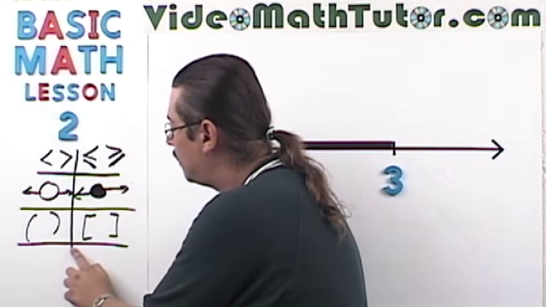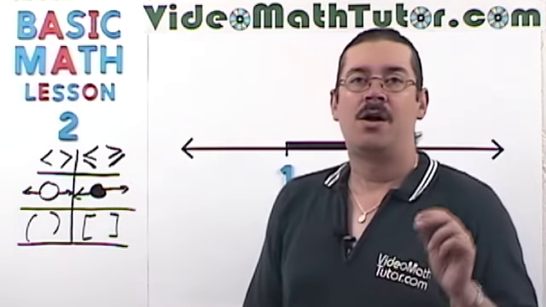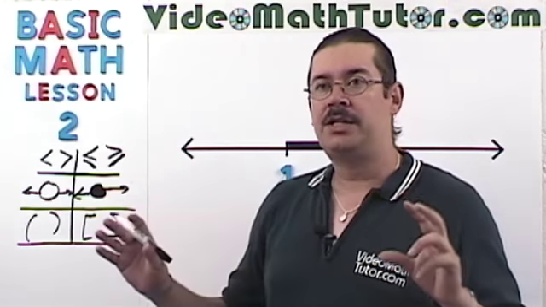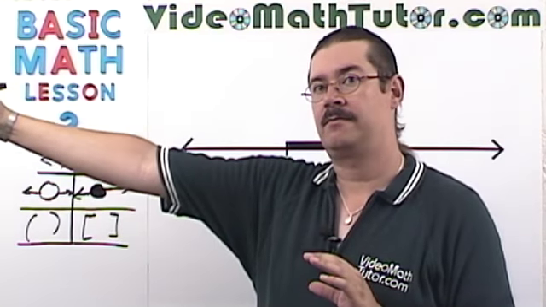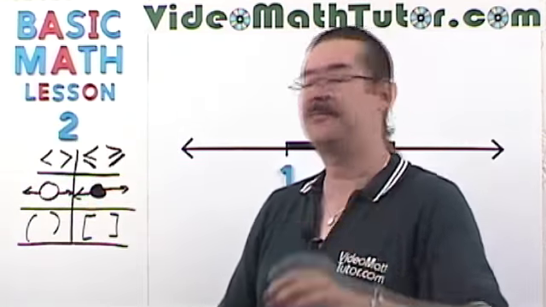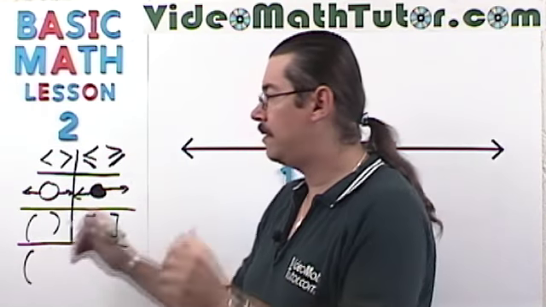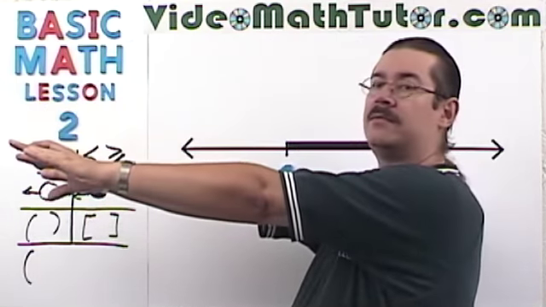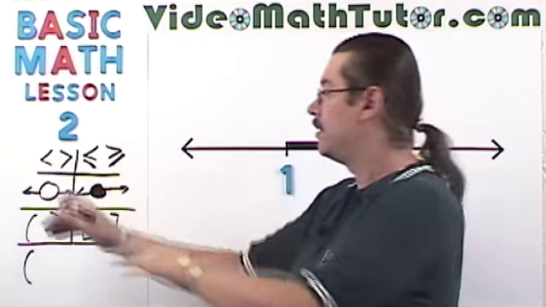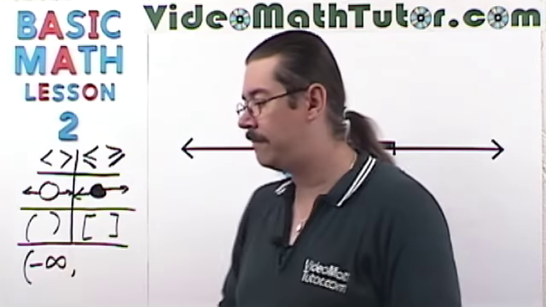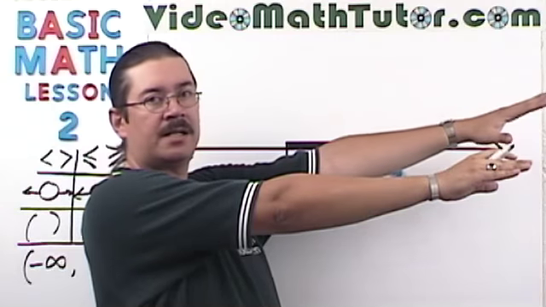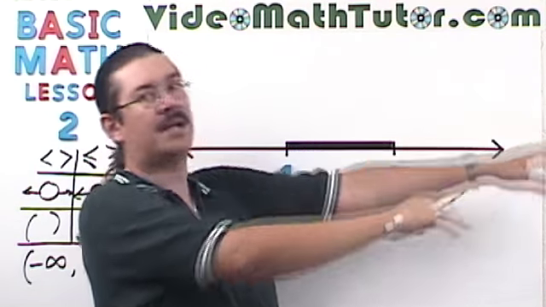Okay. Now, there's one other thing. Let me erase part of this right here. With interval notation, a value can go on forever. Much like these reviews. I'm just kidding. If a value goes forever, definitely to the negative values, you say it goes to negative infinity. If a value goes forever to the right, to the positive values, you say it's positive infinity.